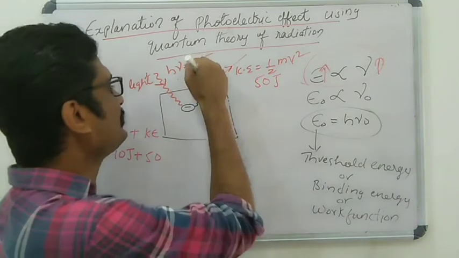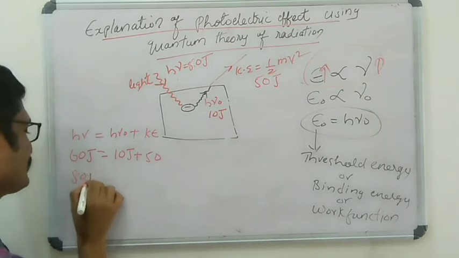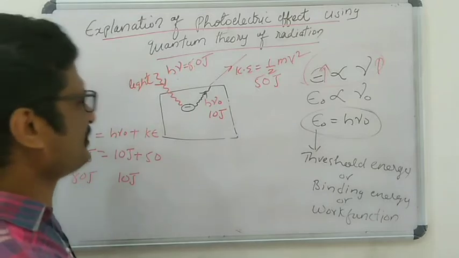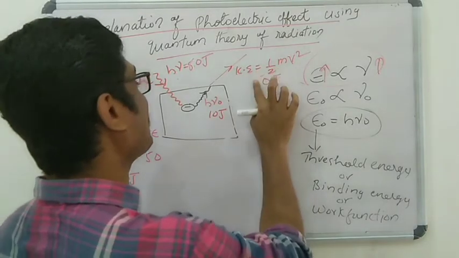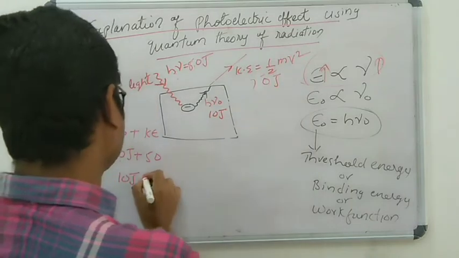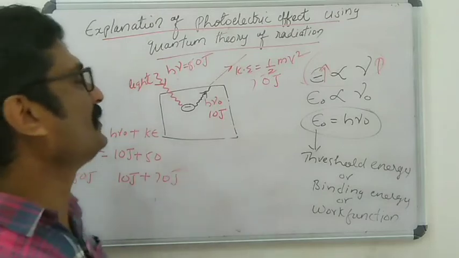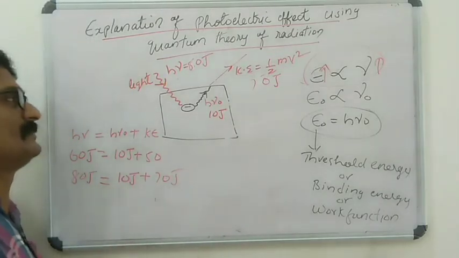Out of 80 joule, 10 joule is used in the form of threshold energy. The remaining energy is 70 joule, used in the form of kinetic energy. That means 80 joule is equal to 10 joule plus 70 joule.